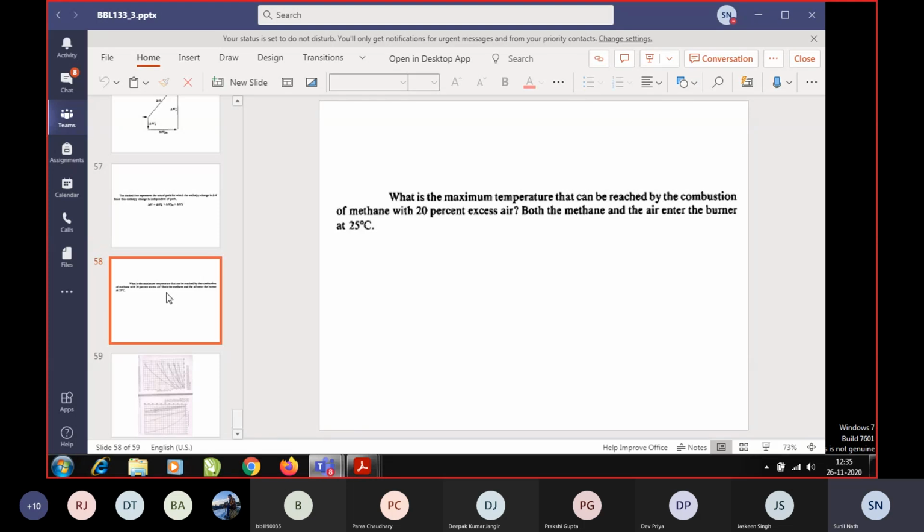So 2.4 moles of oxygen, and along with that you'll have 80 by 20 into 2.4, so that's more than 9 moles of nitrogen. That's your reactant. Now formulate what is in the products at 1 atmosphere and the final temperature capital T.